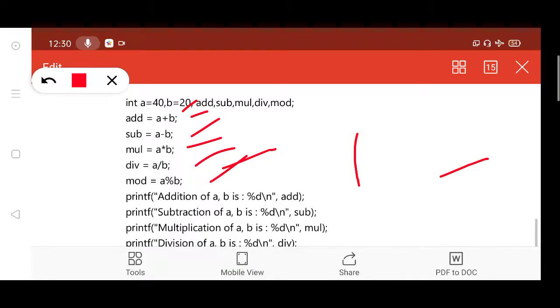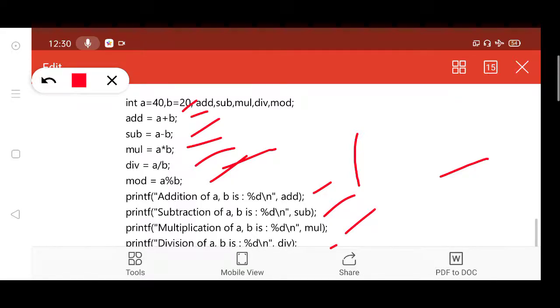Here printf addition of a comma b is %d \n. Next, printf subtraction of a comma b is %d \n. Then printf division of a comma b is %d \n.